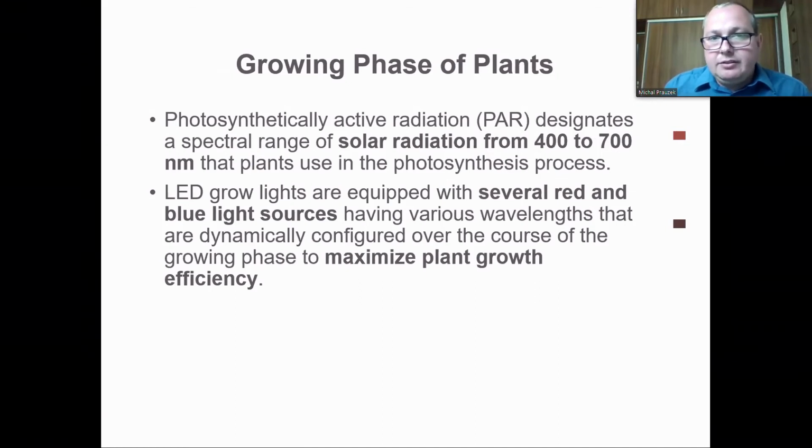So we are using the different solar radiation during the whole process. So solar radiation is from 400 to 700 nanometers, and it works differently in several photosynthesis processes. Our LED grow light panel has several LED, red and blue light sources, and also we have the white light source.